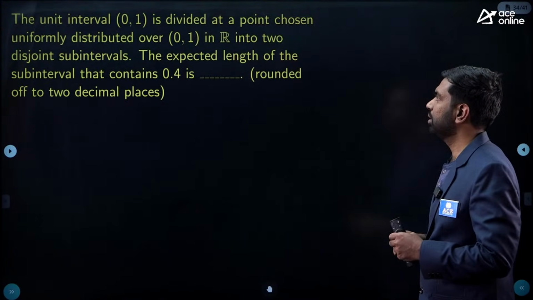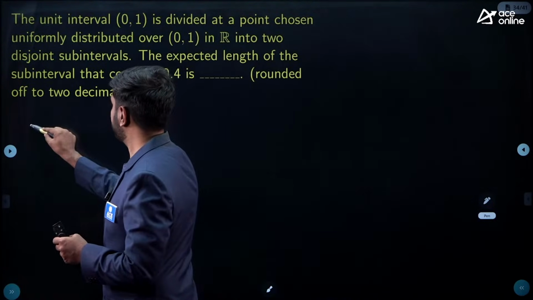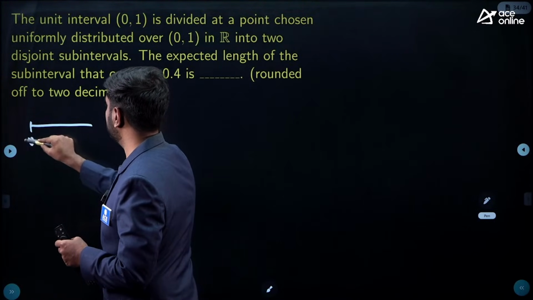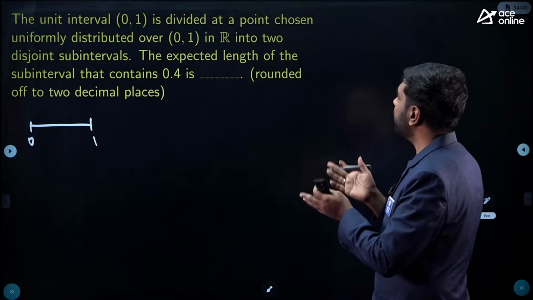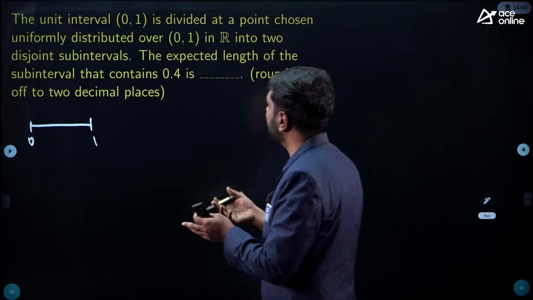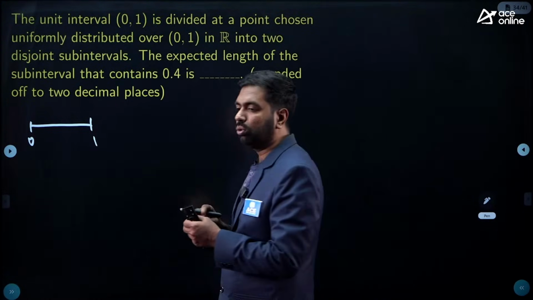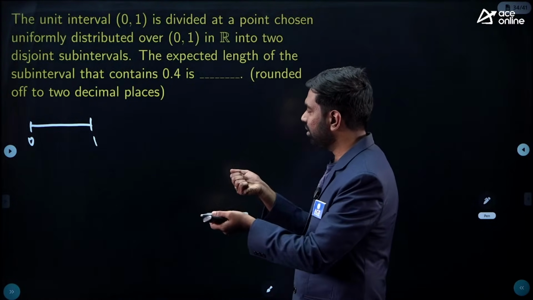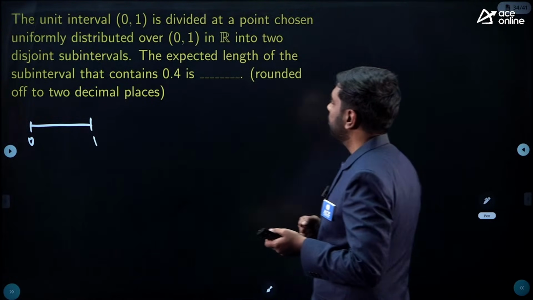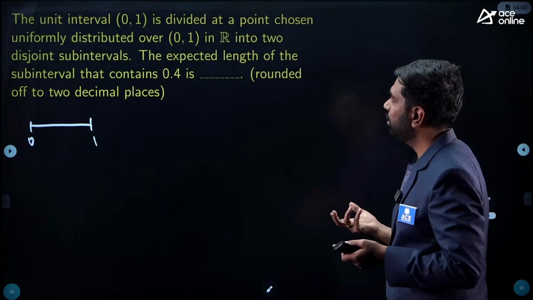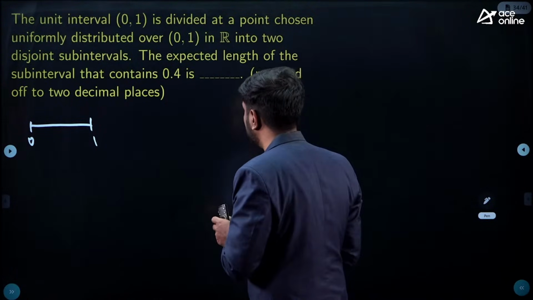So they have a unit interval, it seems. Let's mark this value as 0. Let's mark this value as 1. It is divided at a point which is uniformly chosen again over 0 to 1. So randomly they are picking one value between 0 to 1 and then they are breaking this interval into two disjoint intervals. The expected length of the subinterval that contains 0.4 is.